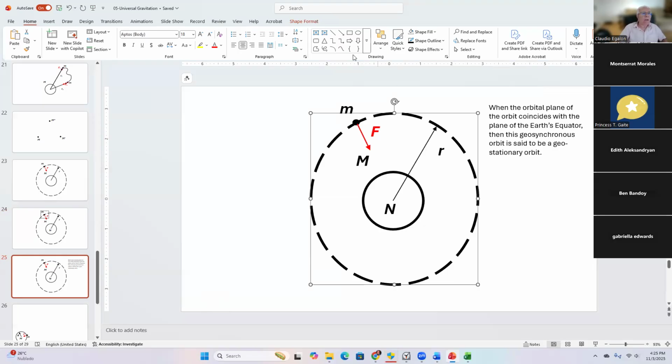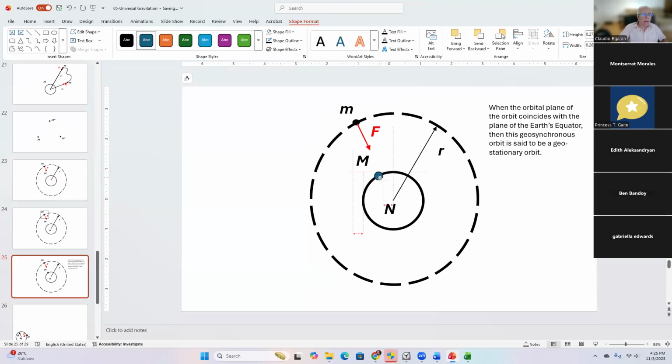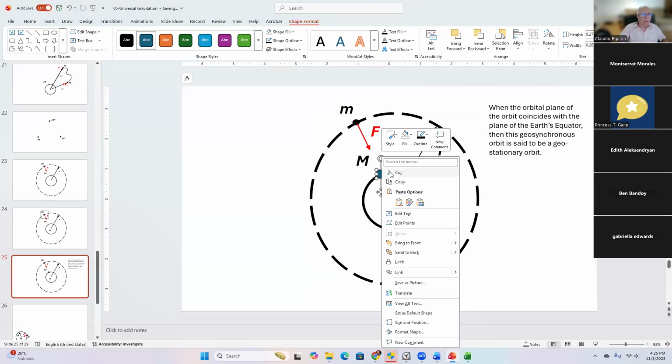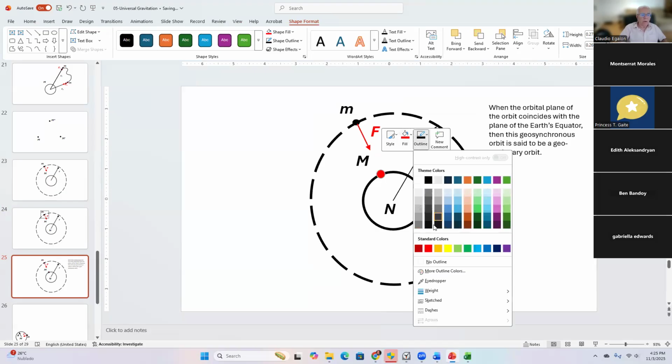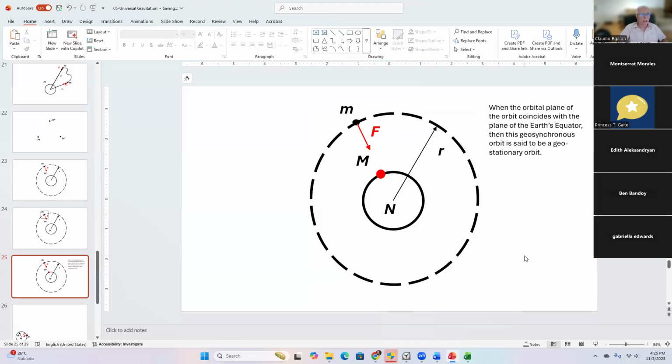I'm going to put a point on the Earth's surface, which coincides with the equator, right? Here you go. There's a point on the equator of the Earth. I'm going to put, let's see, which color? Red color, right? Someone sitting down on the Earth's equator, and he's looking at a point on the Earth's equator.